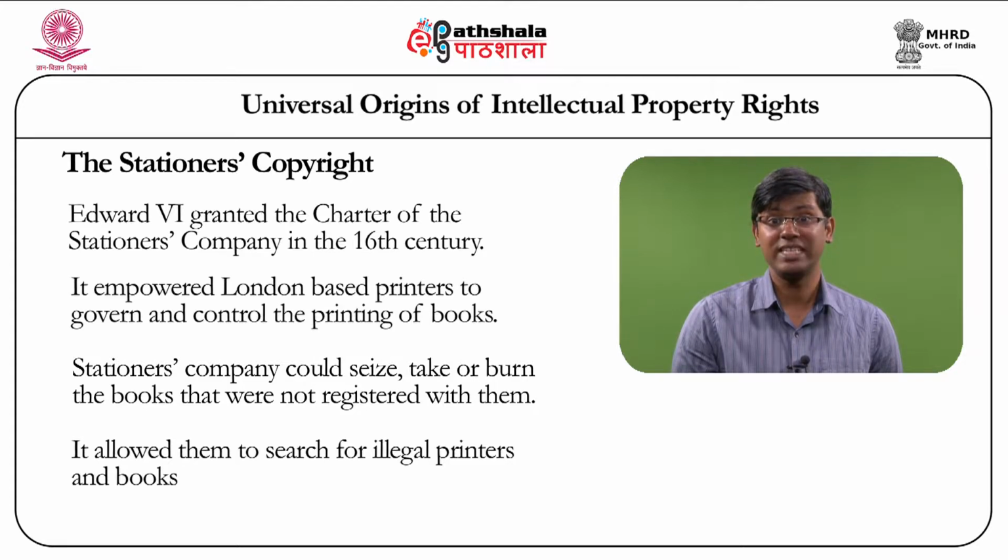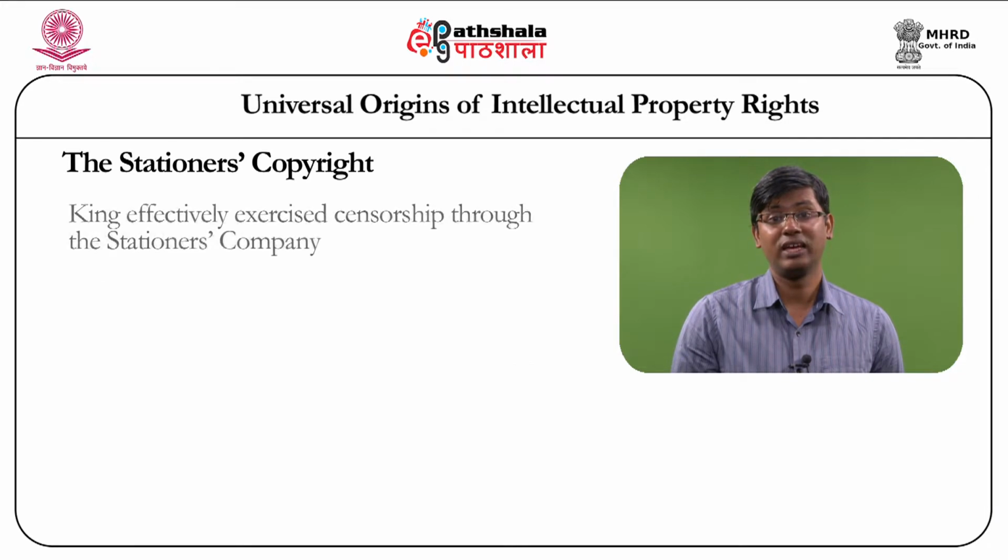They had the seizing power. They could burn the books that were not registered with the Stationers' Company. Further, later on, the king effectively exercised the censorship through the company. So, in effect, you had a chain system wherein the king would act through the Stationers' Company.